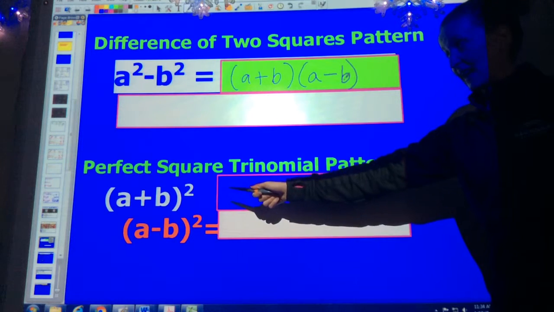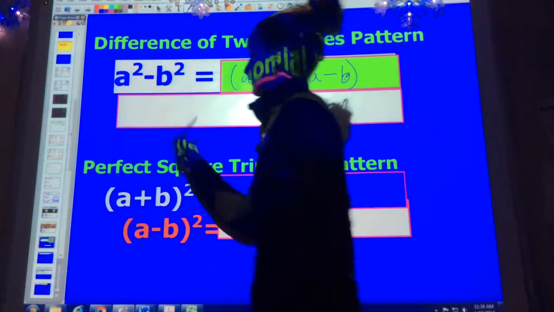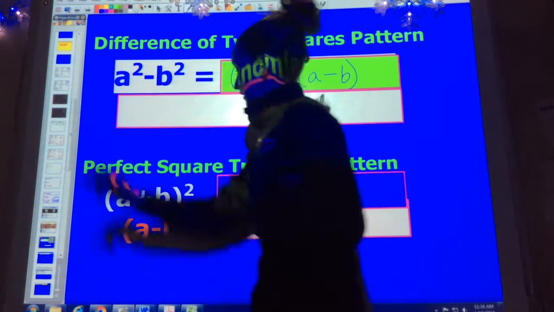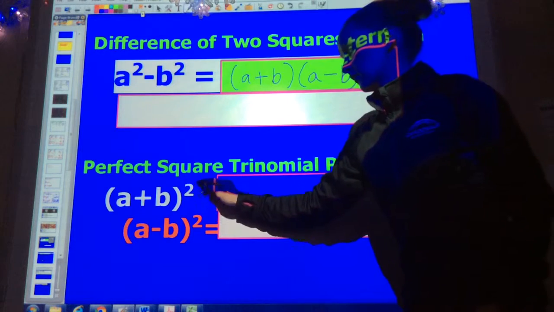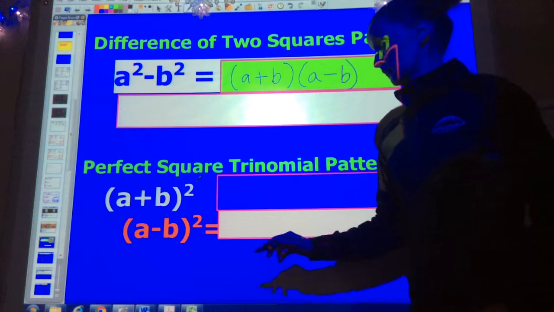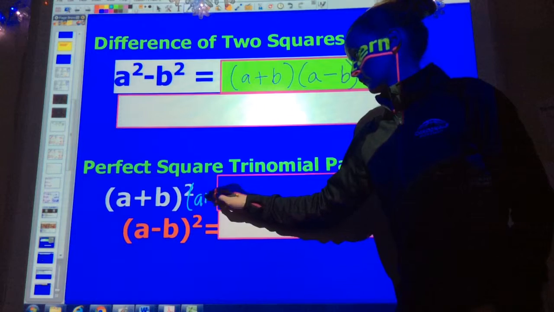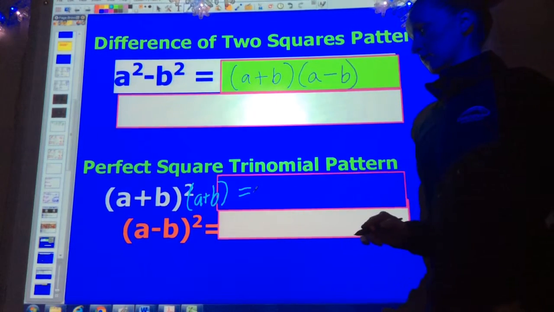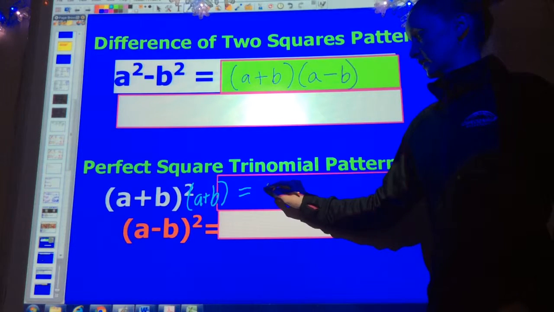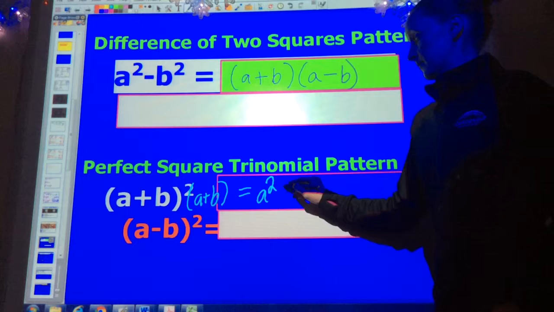Now, someone different. If we would expand that, what would it be? It'd be 2a plus b times 2. Well, you have to draw your rainbow, and then we would FOIL, right? So then what would we get?